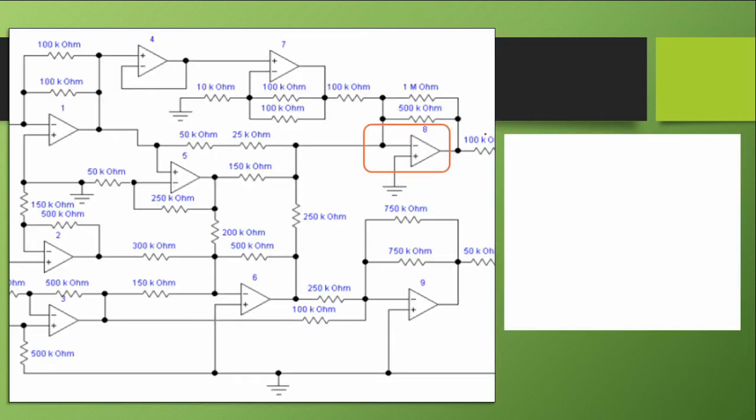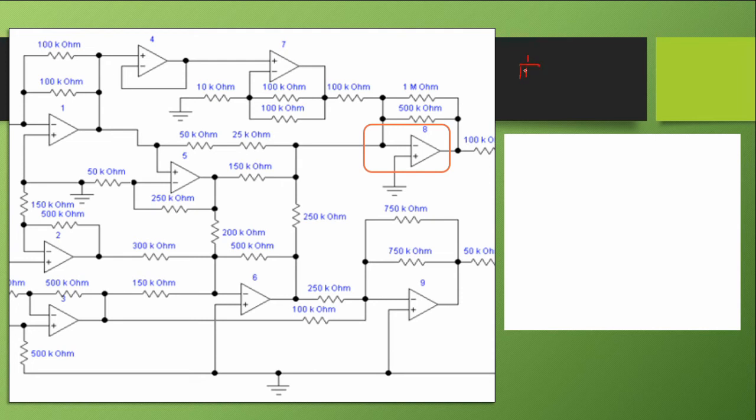How about for op amp 8? We're closer to op amp 10. This is an inverting op amp. Our RF here is 1 megaohm parallel to 500 kilohm. You can directly calculate this using the calculator: 1 over 1 meg plus 1 over 500k, then invert.